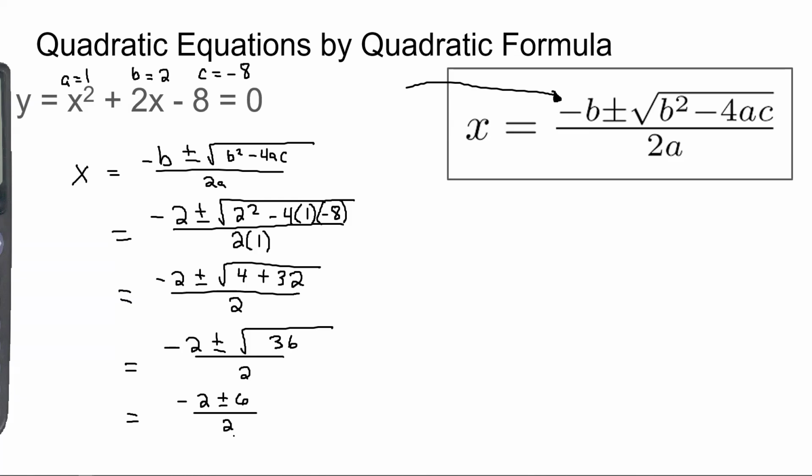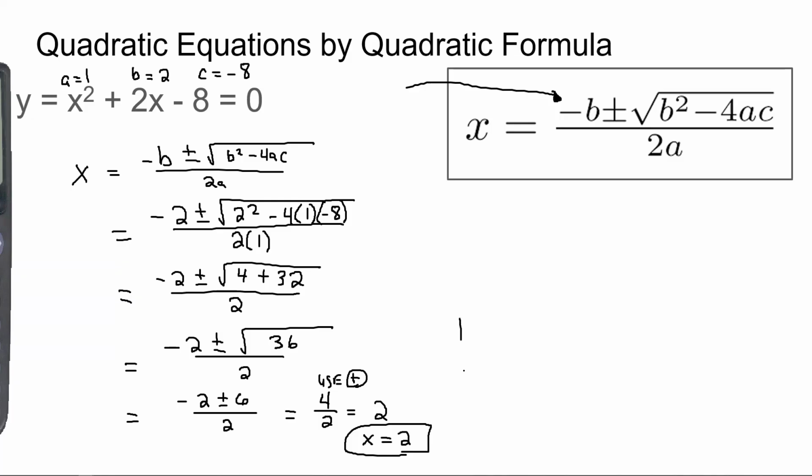And down here, I have a 2. And if I take the negative 2 and add 6, then I would have 4 over 2. And 4 over 2 is 2. So one of the solutions is x equals 2.